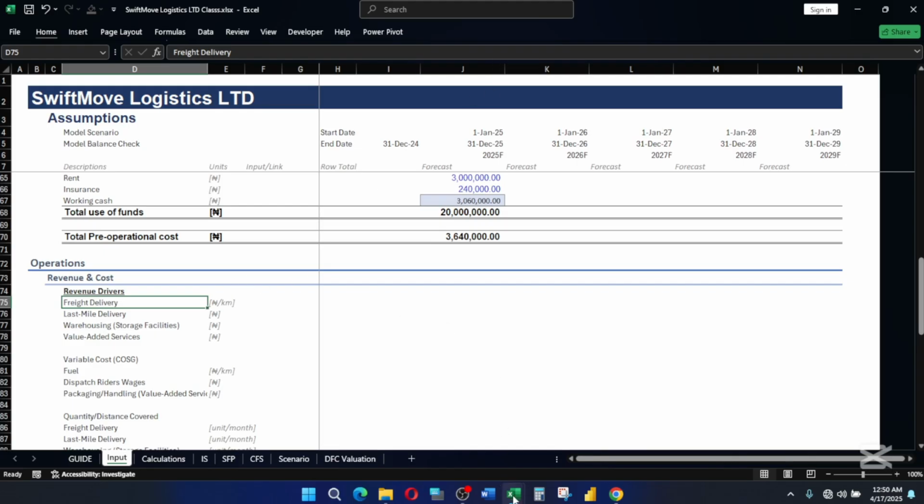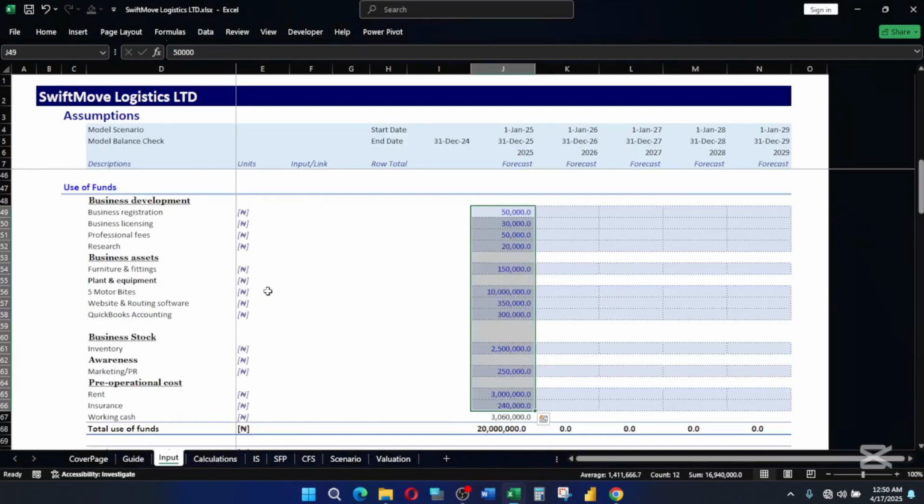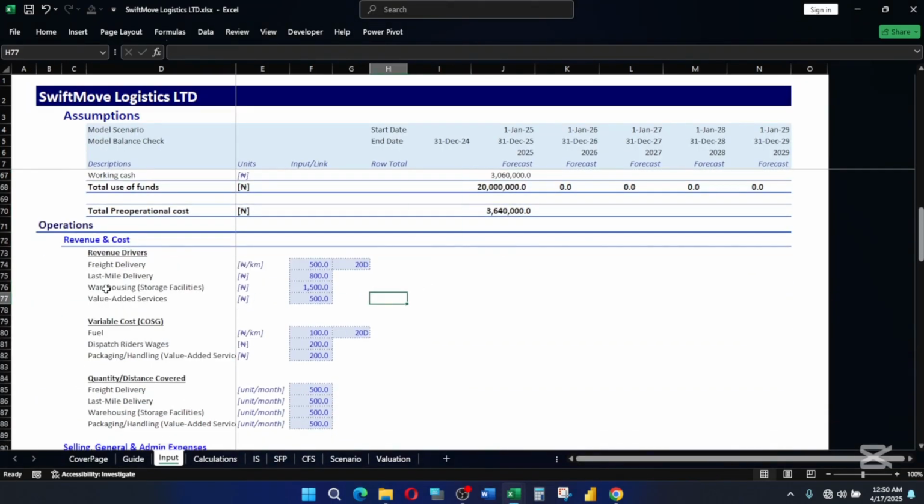Now if you look at what we have here on our base model, we assume that the business is charging 500 naira per 20 kilometer distance. That is what they charge. Now we also have the last mile delivery. Last mile delivery is just door to door delivery, delivering door to door or office to office.